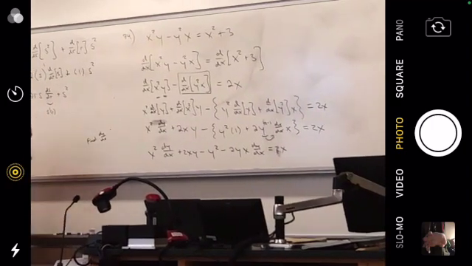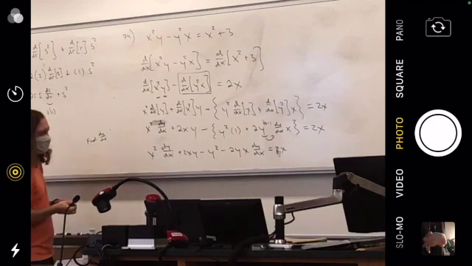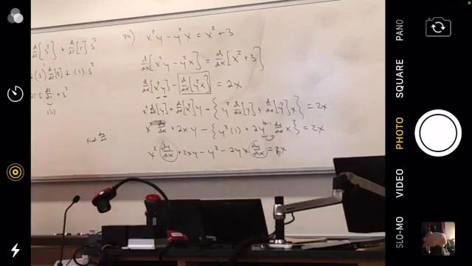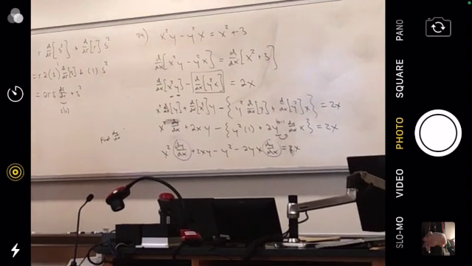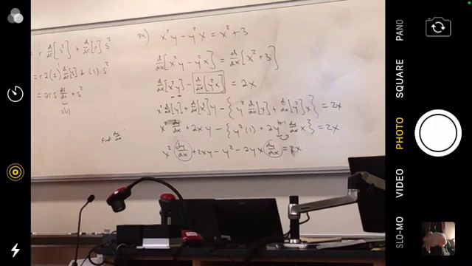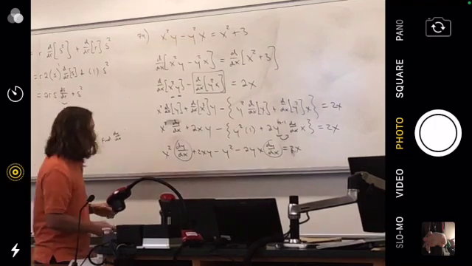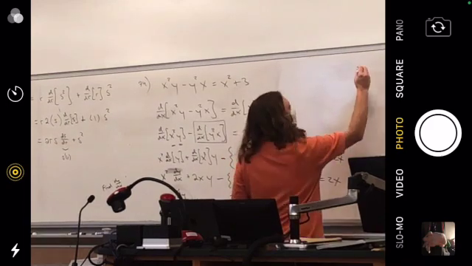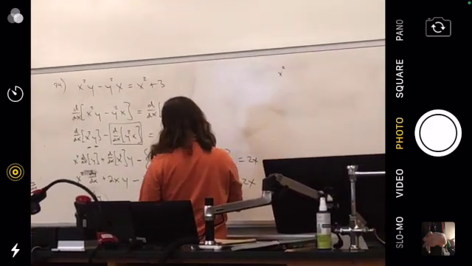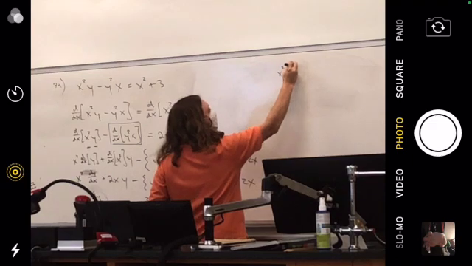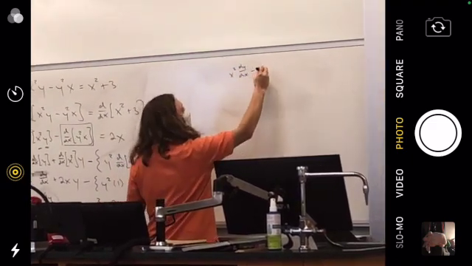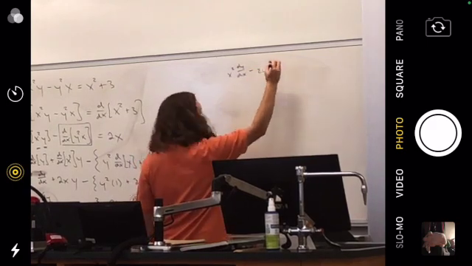Subtract all the terms from the left side that don't have dy dx. Where is dy dx? It's here and here only, right? If I want to find it, that just means I need to get it by itself. Solve for it. So now I'm going to solve for dy dx. So on the left side, I get x squared times dy dx minus 2y times x times dy dx.